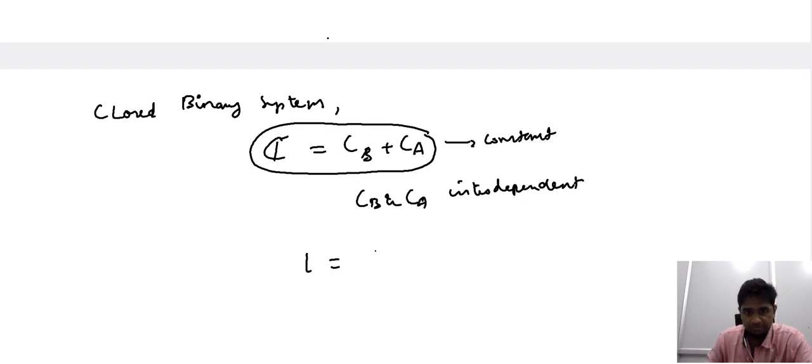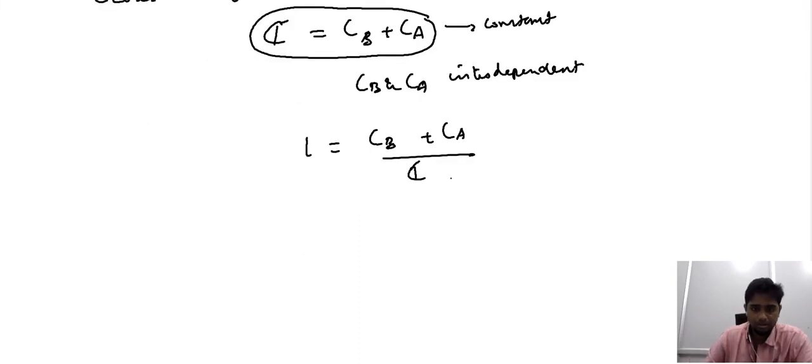So this expression can be written in this way: the number of moles of the base metal plus the number of moles of the alloying element, over the total number of moles of the components present in the closed system, and we can write it as this.